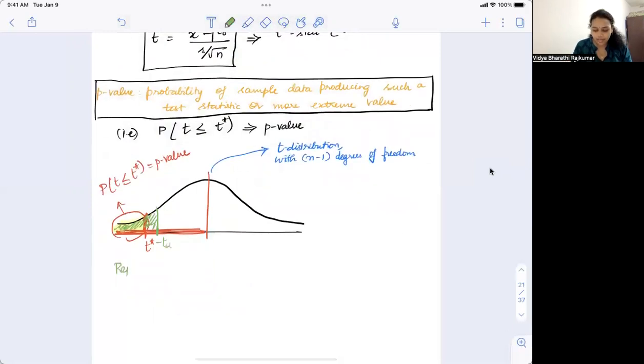Another way of writing that using the p-value approach is to say reject the null if p-value is lesser than alpha.